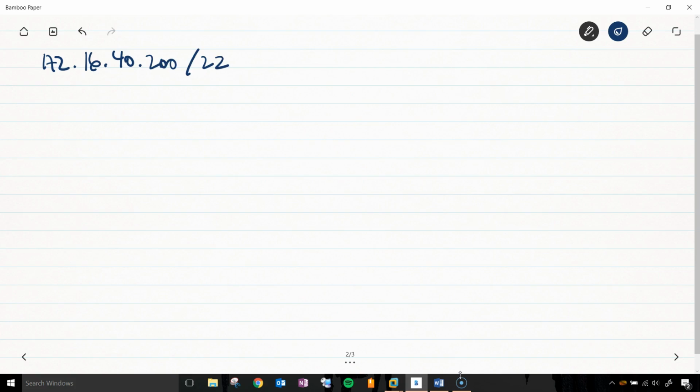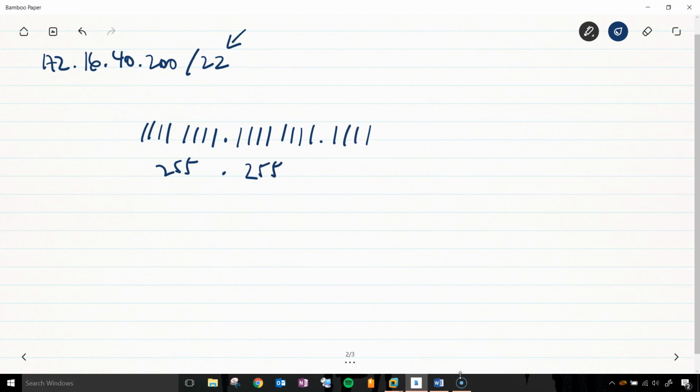Okay, so very first step, convert this number to decimal. So the slash notation means that there are 22 bits that are turned on. So if I was to do that, it'd be 1, 2, 3, 4, 5, 6, 7, 8. That converts to 255. 9, 10, 11, 12, 13, 14, 15, 16. 255. 17, 18, 19, 20, 21, 22, 23, 24.